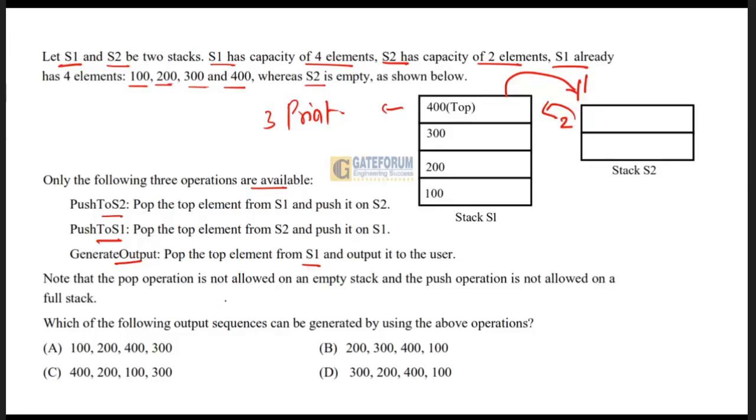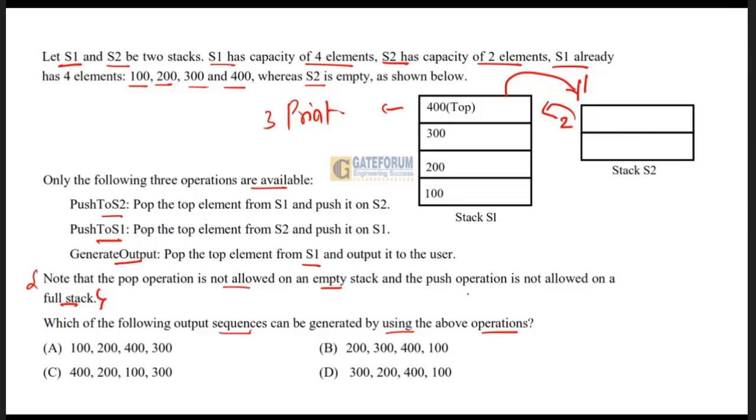Note that the pop operation is not allowed on an empty stack and the push operation is not allowed on a full stack. That is the simple stack property given. Which of the following output sequences can be generated by using the above functions? Which can possibly be generated? It is an important question.